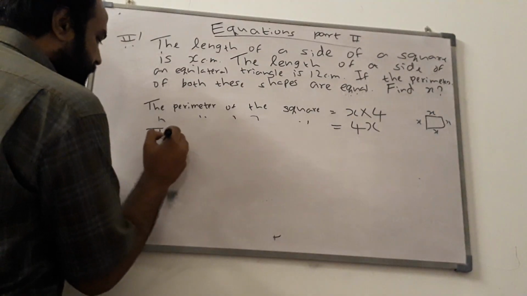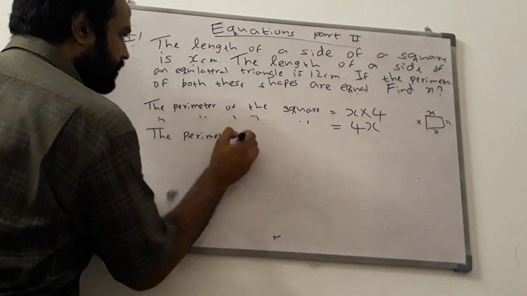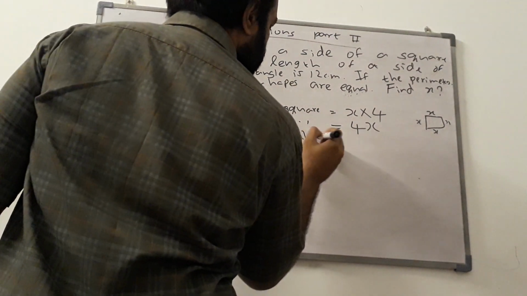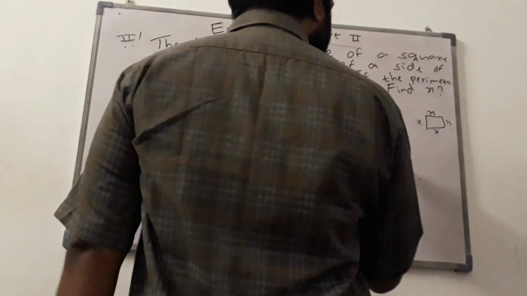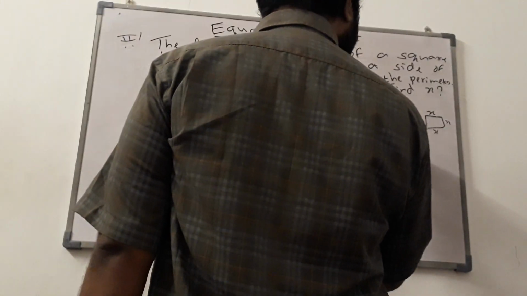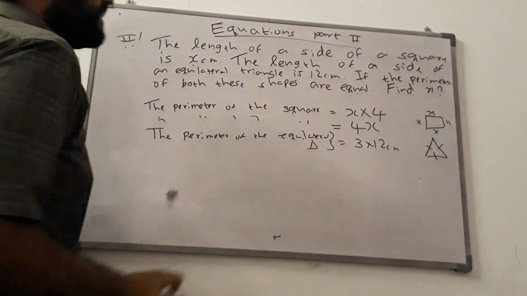And also the perimeter of the equilateral triangle is equal to 3 times 12 centimeters. Equilateral triangle means all 3 sides are equal.